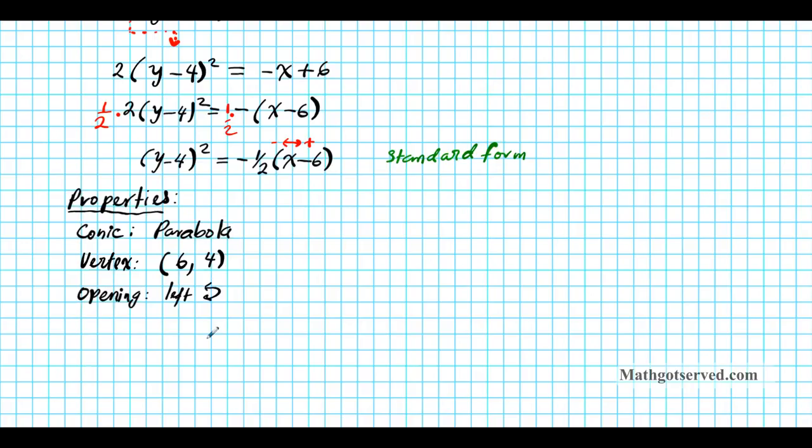Okay, now next thing we want to find is p of the focus. To find p of the focus, we're just going to set the coefficient of the factored unsquared quantity, -1/2, equal to 4p.